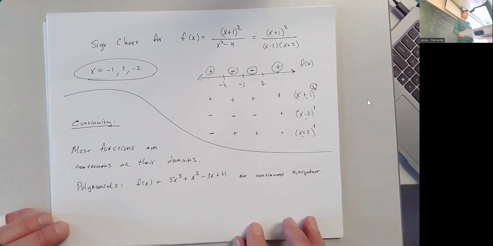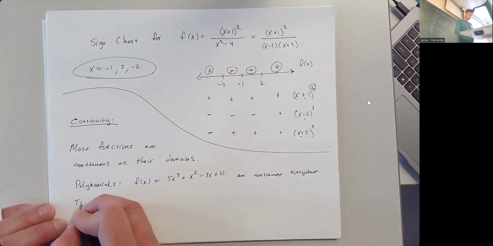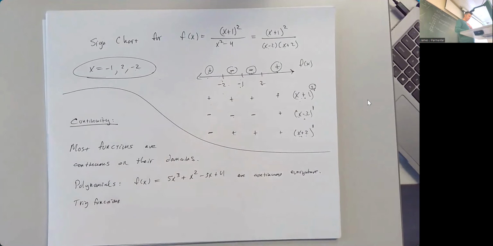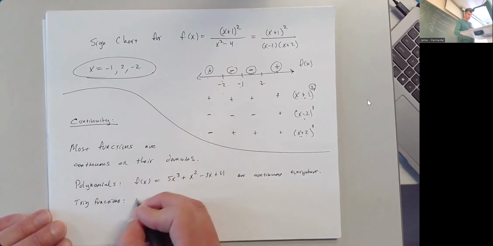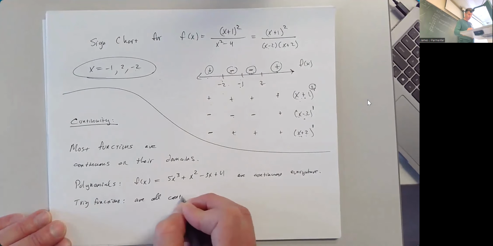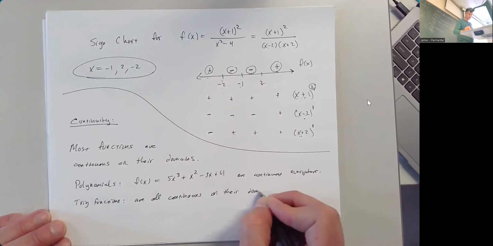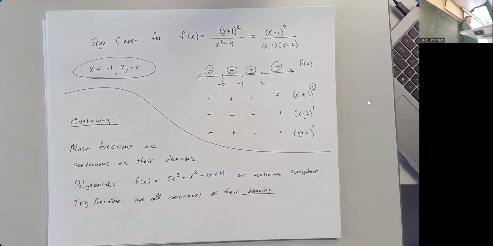So are trig functions: sine, cosine, tangent, cotangent, secant, cosecant are all continuous where they are defined on their domains. For sine and cosine, that's everywhere. The sine function looks like this. The cosine function also looks like this, and they are defined and continuous everywhere. Tangent, cotangent, secant, cosecant, those all have vertical asymptotes. Those are certainly not continuous at the vertical asymptotes, but they are continuous everywhere that they're defined.